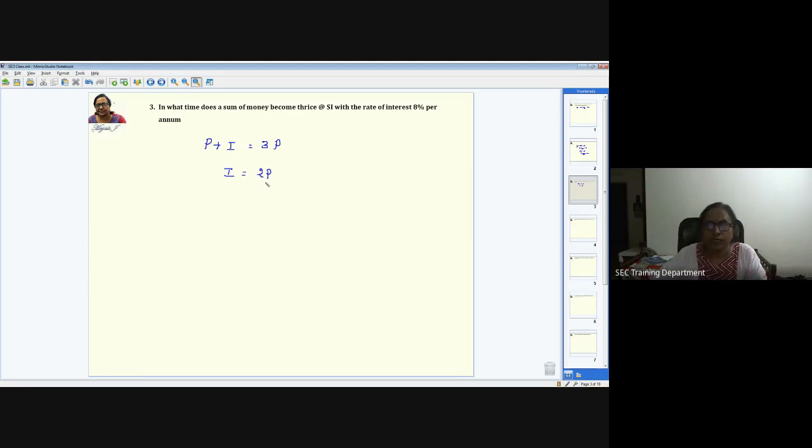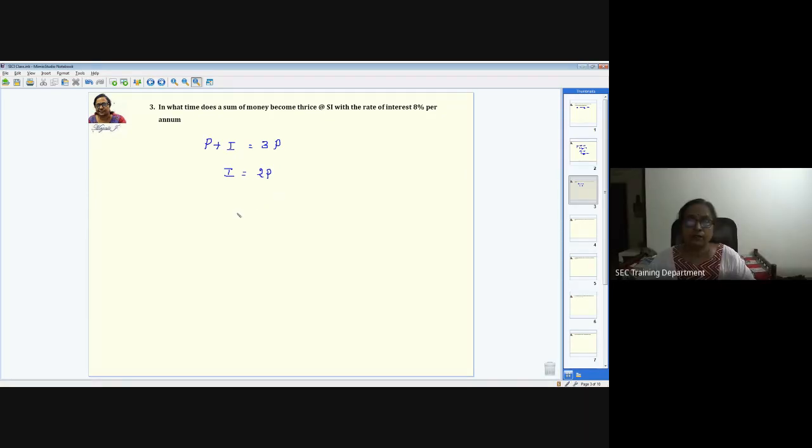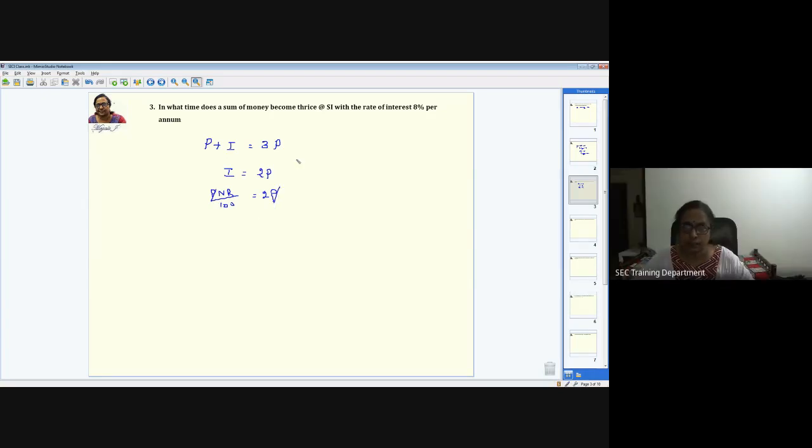Okay. And now you write down what are the details given there. What is the rate of interest? 8%. With the rate of interest given, you have to find out what? Time. So here you replace this. What is this? PNR by 100 equals 2P. Right. So we can cancel this. And N is supposed to be found out.